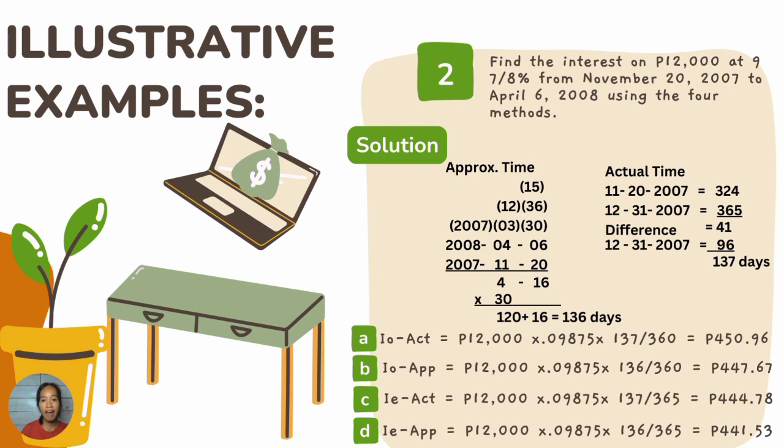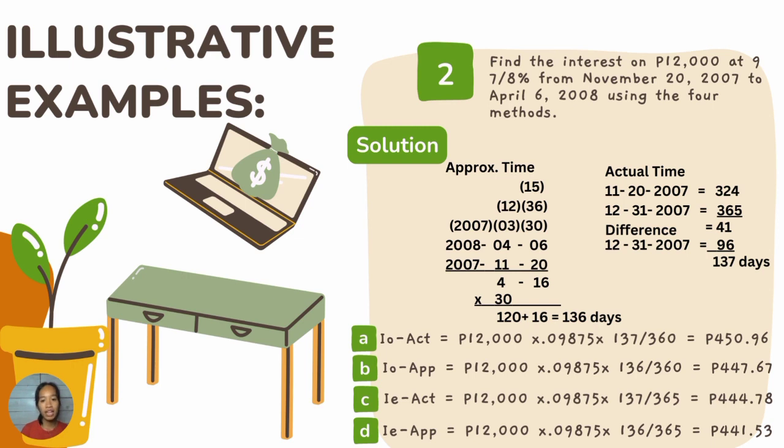So let's have April 6, 2008 minus November 20, 2007. Since we can't subtract 20 from 6, we are going to borrow from the 4.